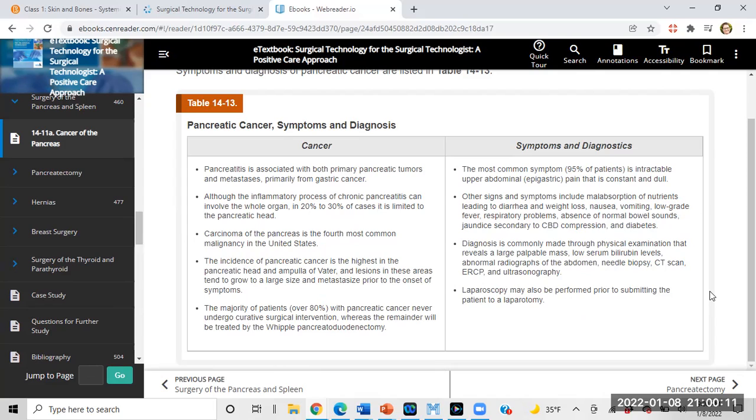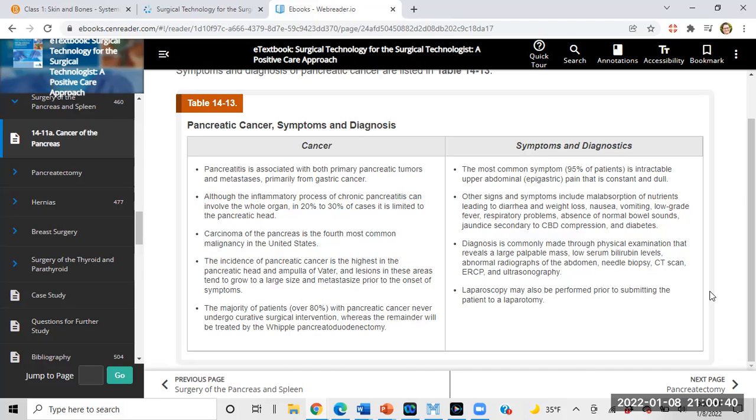There's a lot of cancers where one of the keys is there's no pain until it's very advanced, like stage 4, and then we'll be seeing some pain. But with pancreatic cancer, the most common symptom is intractable upper abdominal pain. It's constant and dull. And intractable means no treatments have any effect.